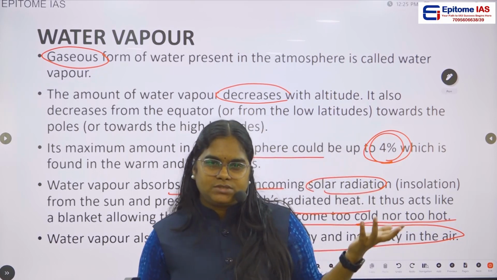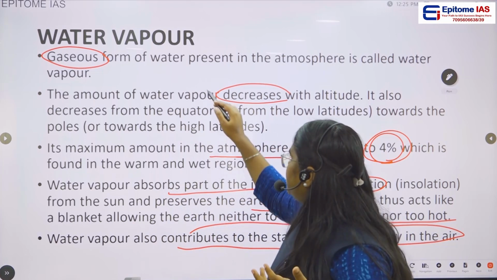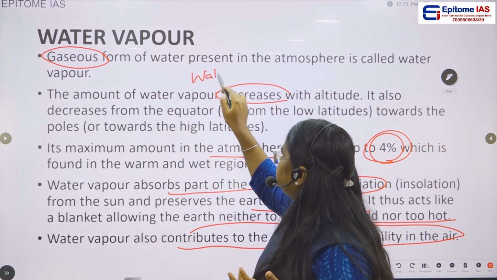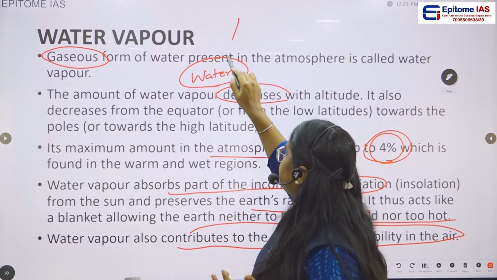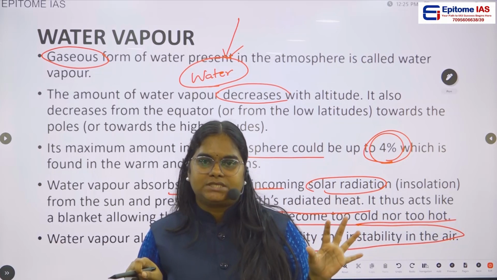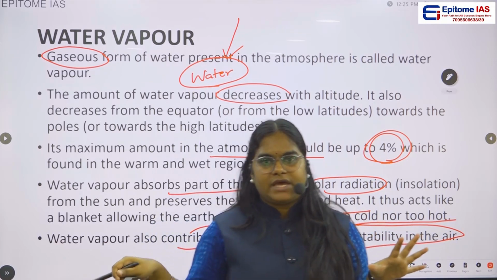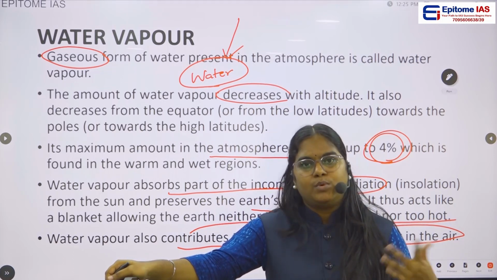As I already told you about clouds, similarly the water vapor present in the atmosphere absorbs heat from any incoming solar radiation. Because of that, it helps the earth not to get heated up more.